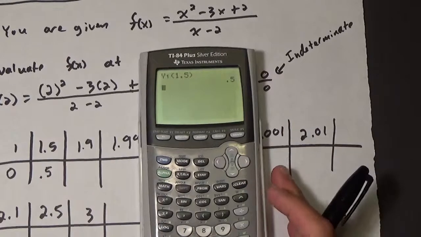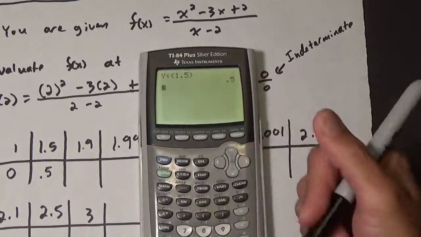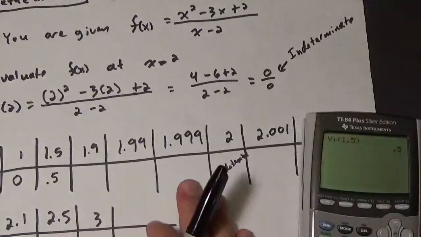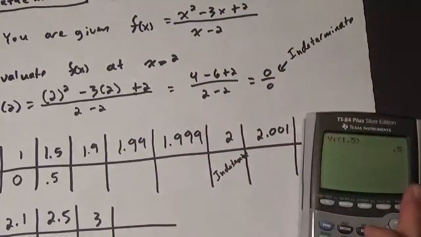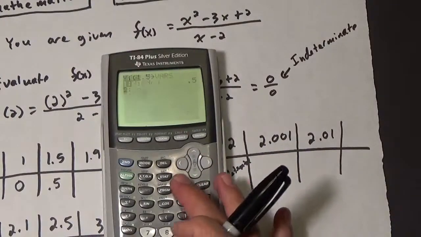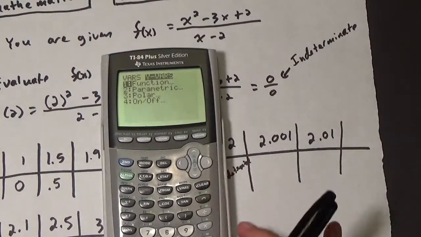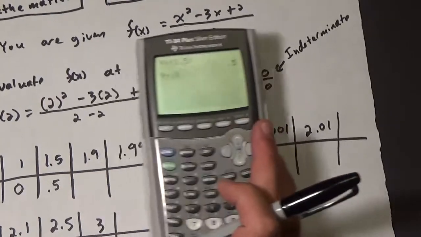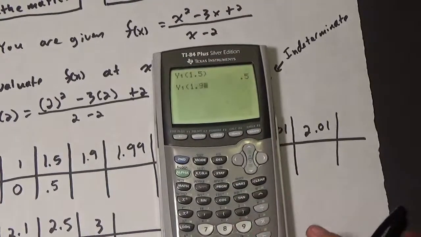And we do. So now that this is in our calculator, we don't have to go through putting each of these numbers into this. We can just use our y1. So I'm going to go back again. I hit vars, over to y-vars, function, y1, open parentheses, and the next one was 1.9.